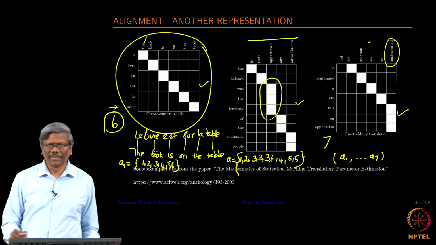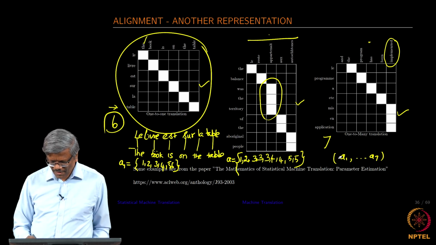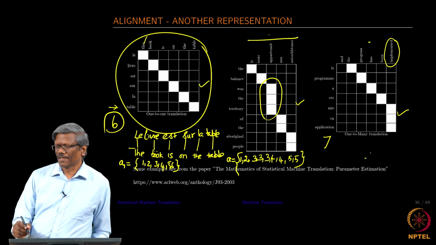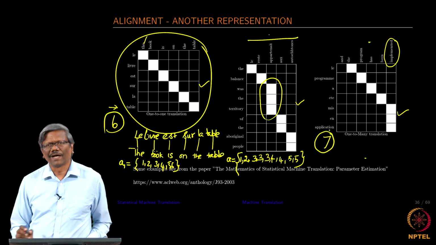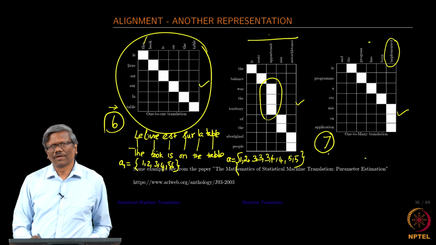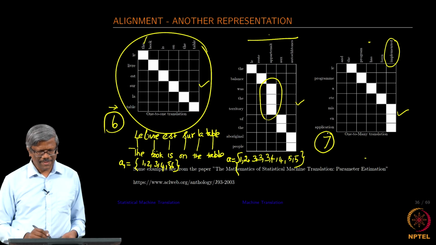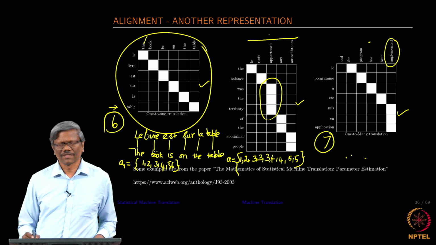See how the alignments are made. Okay, in the same fashion, you may want to try and align this. In this case, we are going to condition the alignment based on the number of words in French. Okay. So, try this as an exercise.